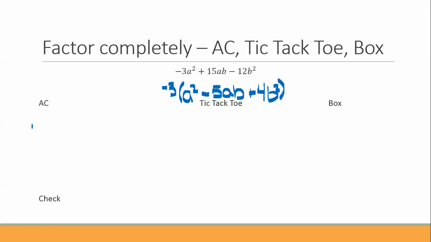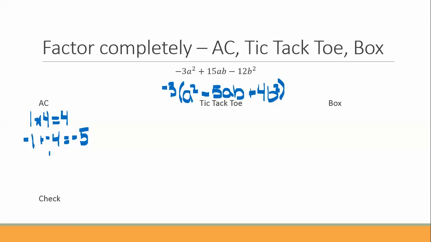So using the AC method, there's a 1 in front of the a squared times 4 equals 4. The factors of 4 that add to negative 5 are negative 1 plus a negative 4 equals negative 5. Negative 1 times negative 4 is positive 4.